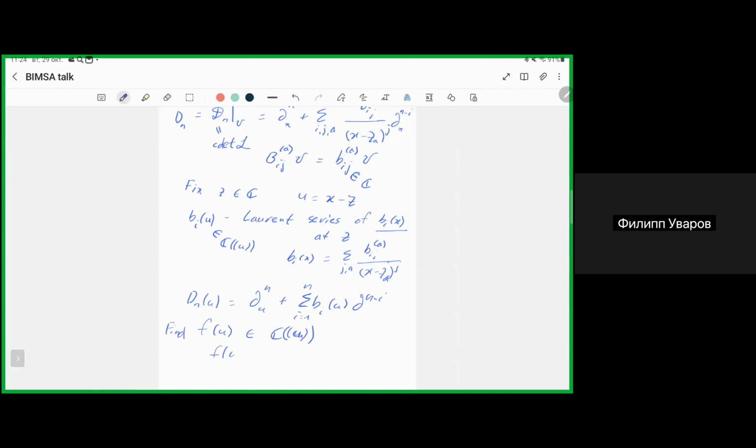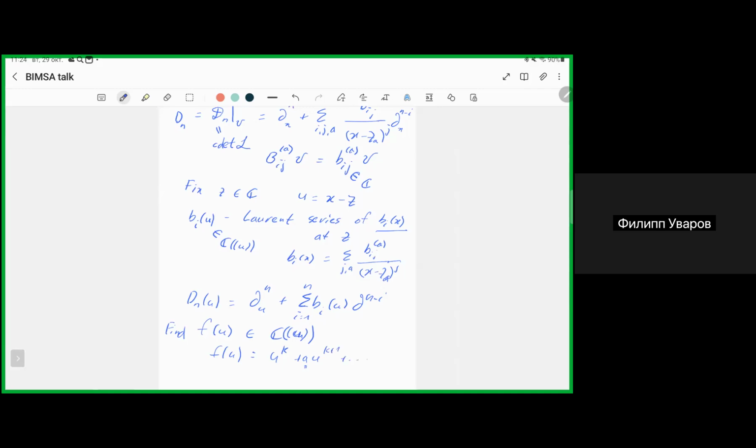of the following form. Well, it just starts with some power u^k, and then I have higher powers of u, with some coefficient a_1, u^{k+1}, and so on.